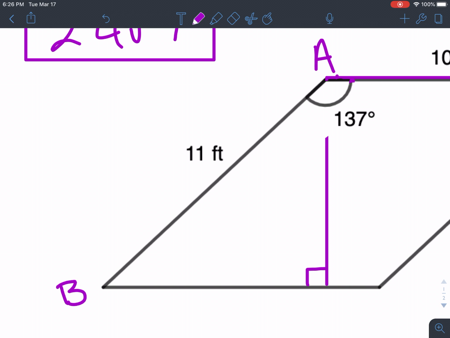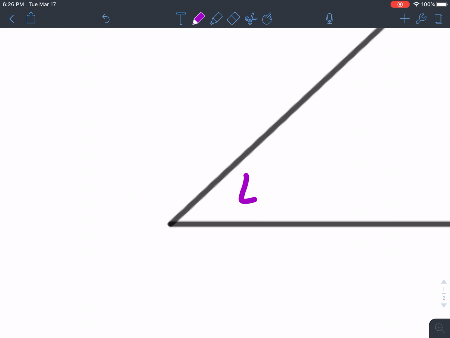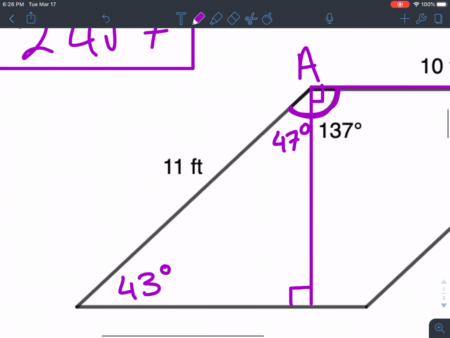So we have same side interior angles, and those are going to add up to 180. So we can take 180 and subtract out 137, and if I put all this back, 180 minus 137, 43, quick maths. And we see that that aligns nicely with the other 47 and the 90 degree angles that we have in our triangle.